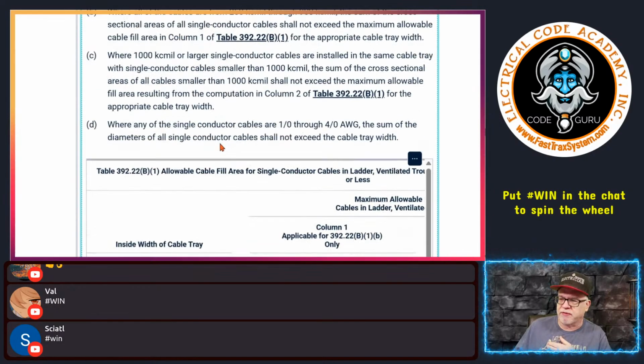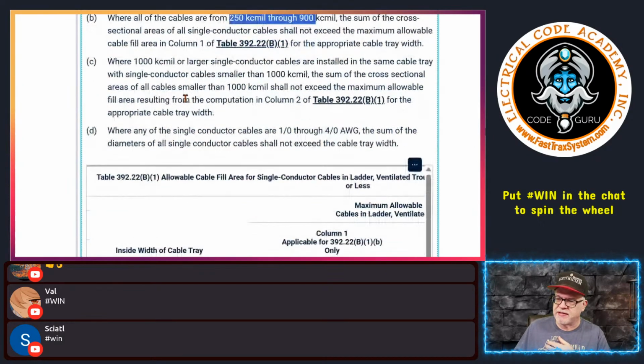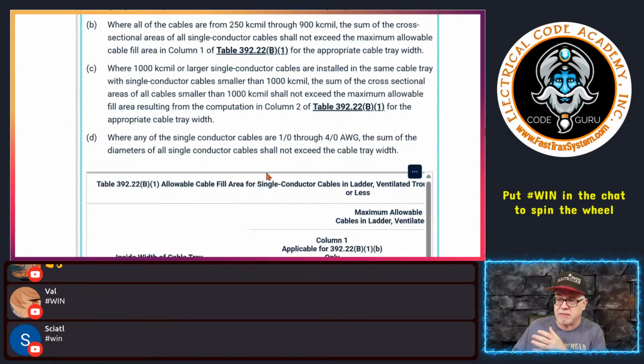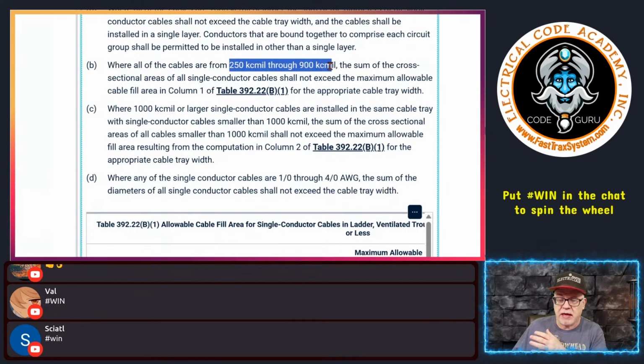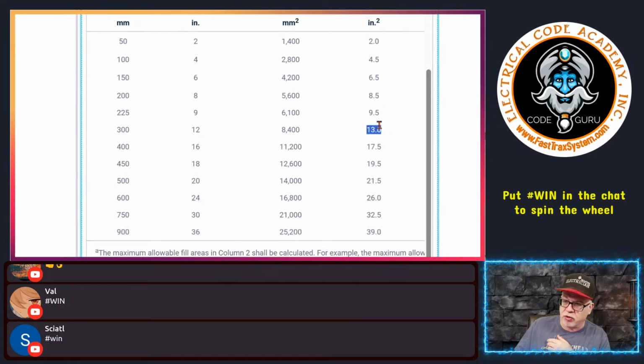All you have to do is find out the approximate area of the conductor, or you could take this 13 down here and divide it by the approximate area of, let's say, a 250 kcmil conductor, and it'll tell you how many of those can go in that tray. Again, we're just talking about how many we can get in there when it comes to the width, and not exceed this value if we were doing a 12-inch inside width cable tray.